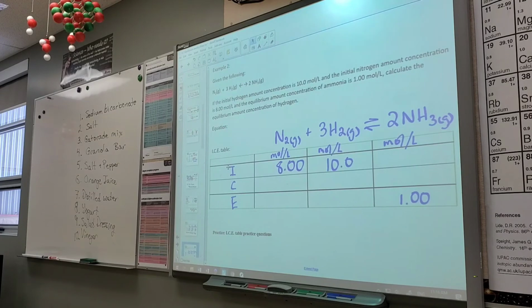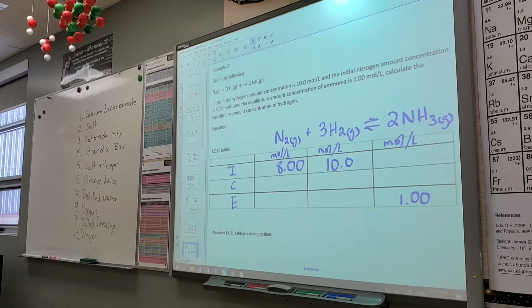Okay, so initially, did they say anything else about how much of your products are in there? No, so you just assume it's zero. If one of these reacts, how many of these does it have to react? 3, so 1x and 3x. And how many will be made? 2x.